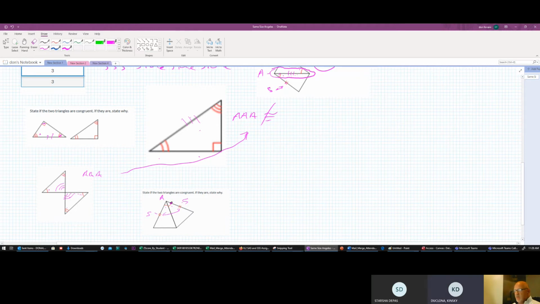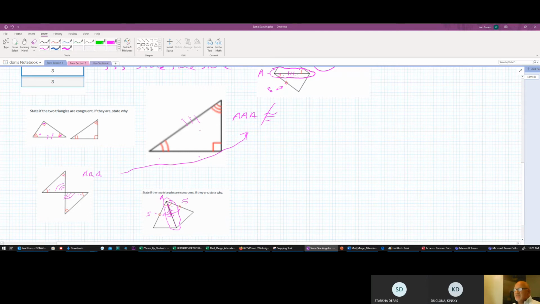And then what do we have here? That right there, what's that? Side. And you think that that's congruent? And why is it congruent? Is it because of the tick marks? Well, in this case, we don't have tick marks, right?